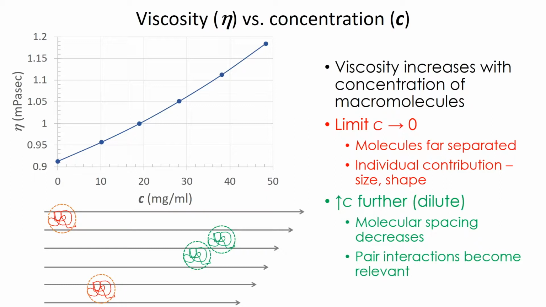What you can see in the plot is that at very low concentrations, in this limit of infinite dilution, it appears somewhat linear. And then you start seeing this deviation from linearity. That's the introduction of these pair interactions, which introduces this deviation from linearity.